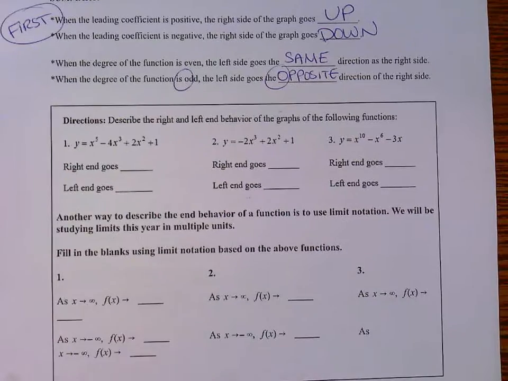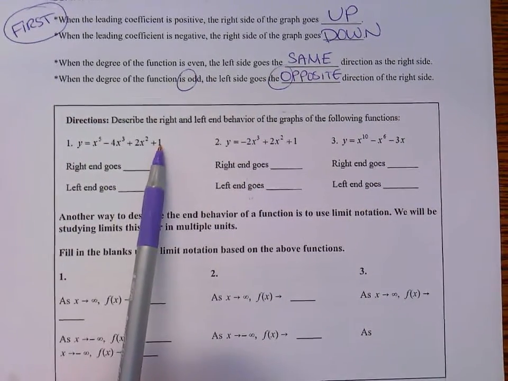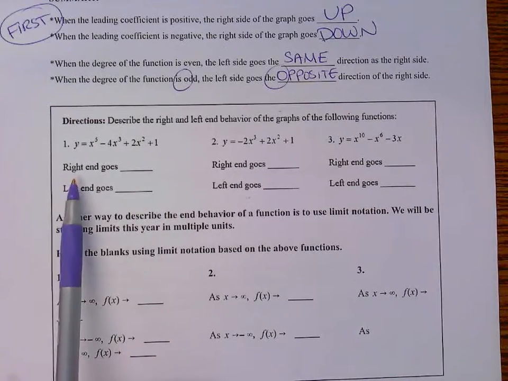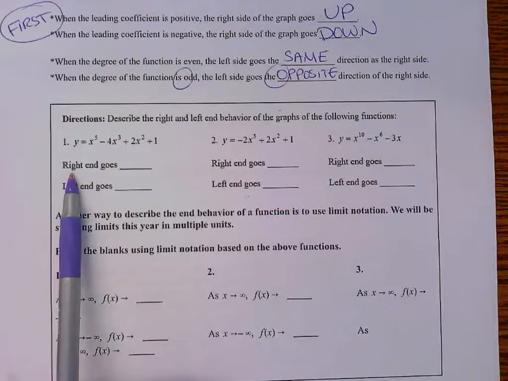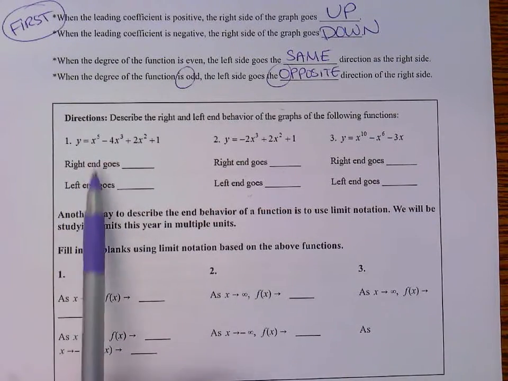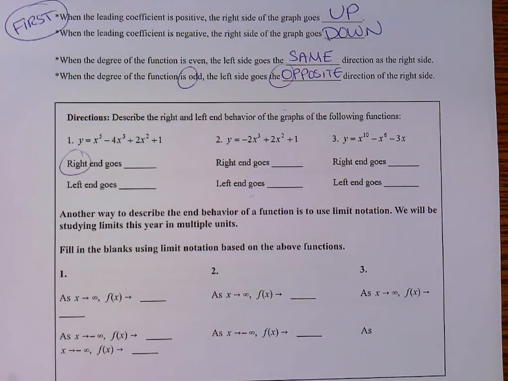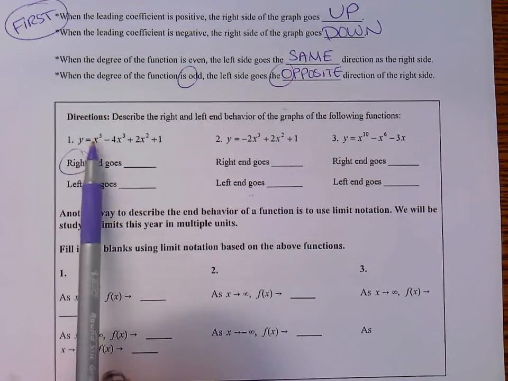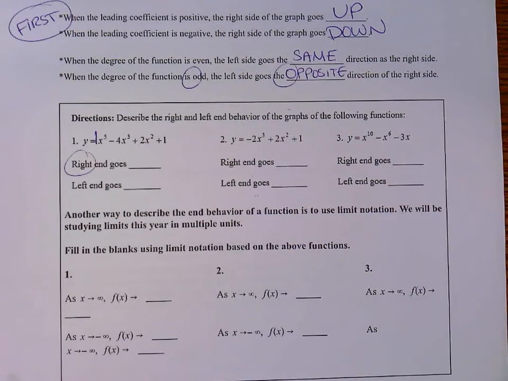So if we look at number one, you always want to scan first that it's in standard form, and you want to look, did the person who wrote this test or question ask you for the right end first? Because sometimes I might flip-flop the order of these, but you should always do the right end first, because that's your leading coefficient. And if there's no number in front of that first term, the number is positive 1. So the right end of this graph has to go up.